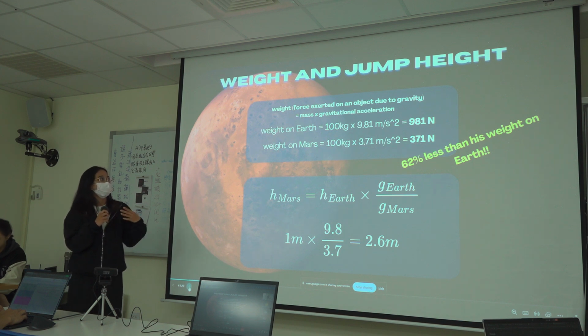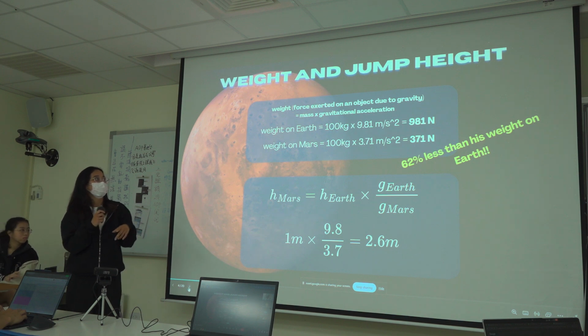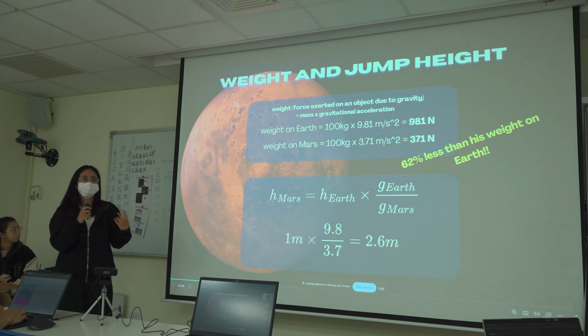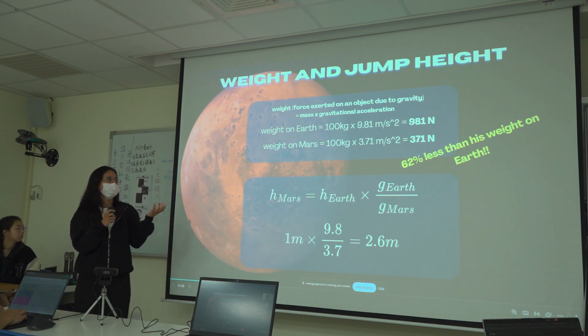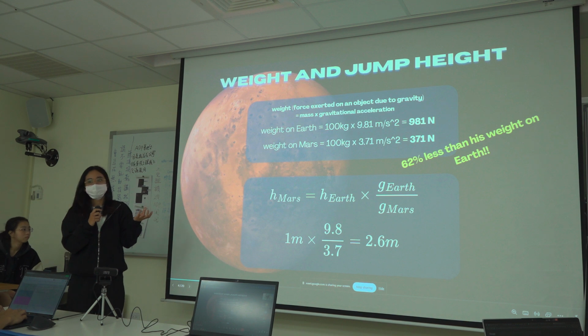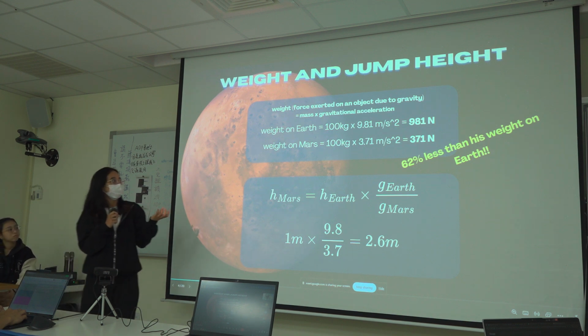We multiply the mass by the gravitational acceleration. Since Watney's weight is not mentioned in the movie, we will assume that he is around 100 kilograms. So we will multiply 100 kilograms by the gravitational acceleration.